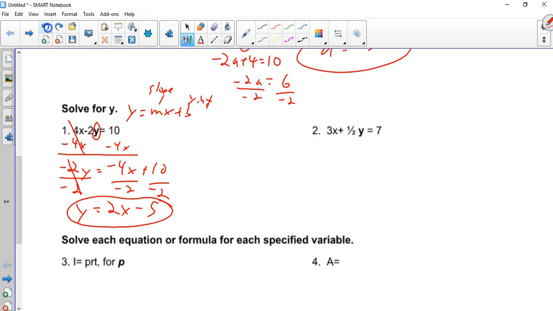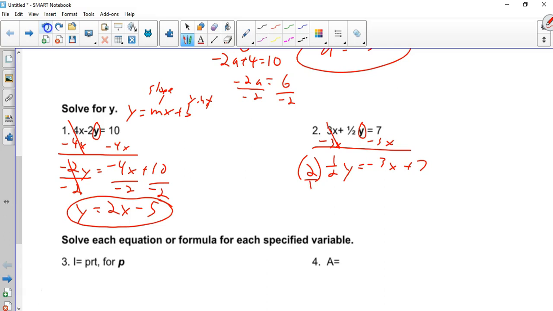Number 2, again, I circle my y, and I'm going to move the 3x. Cancel. I'm left with 1/2 y equals negative 3x plus 7. But I don't want a 1/2 y, I want a whole y, which means I need to double this. Also known as multiplying by the reciprocal, 2 over 1.